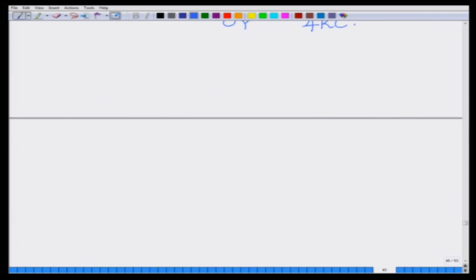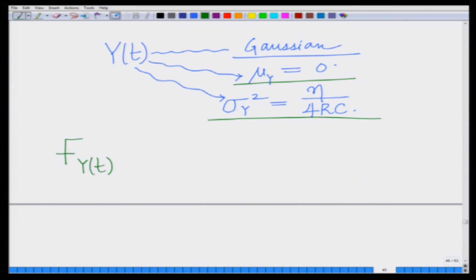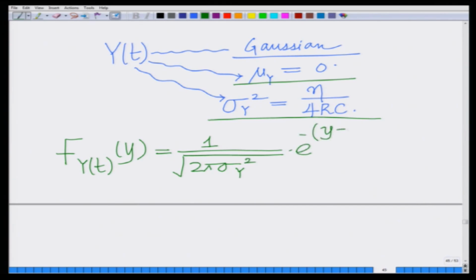Therefore, the probability density function f y of t, I know it is Gaussian, I know it has mean mu, I know it has variance sigma y square. The probability density function f y t of y equals 1 over square root of 2 pi sigma y square times e raised to minus (y minus mu y) whole square divided by 2 sigma y square.